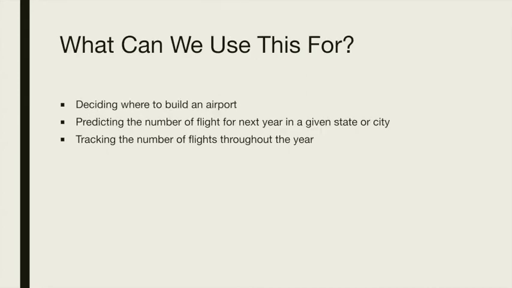So what can we use this for? We can use this information for, like I mentioned before when we were going over the graphs, deciding where to build an airport, or predicting the number of flights for a given year or a given city. And that'd be good if you're trying to figure out where most people are flying from, or where you need to beef up security if you're the TSA.